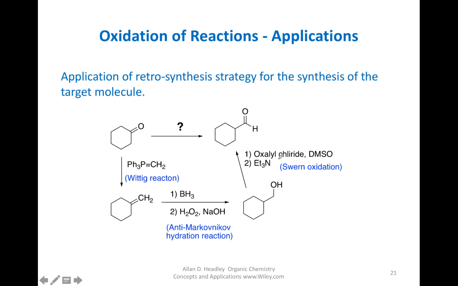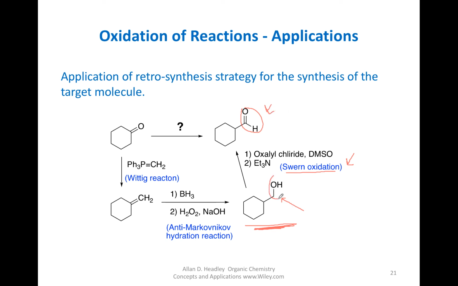So we can make the aldehyde functional group working retrosynthesis, working backwards. We can make the aldehyde functional group using the Swern oxidation of a primary alcohol. So if you had this molecule here, you can oxidize it using the Swern oxidation to make your target molecule.